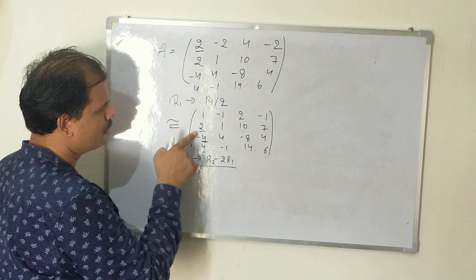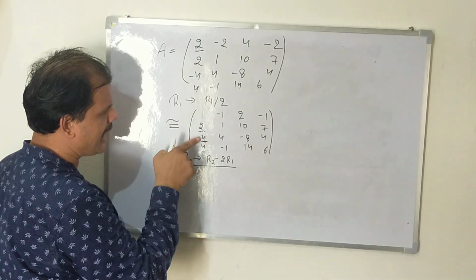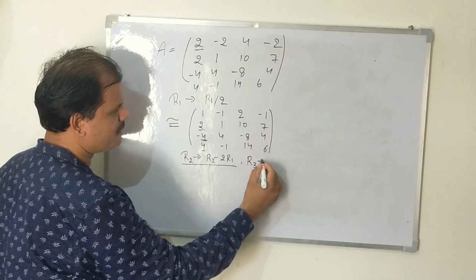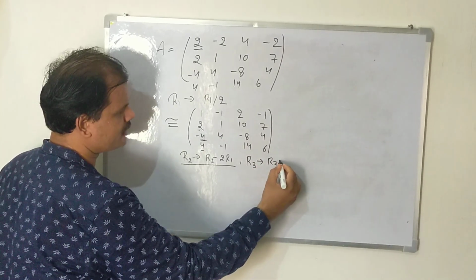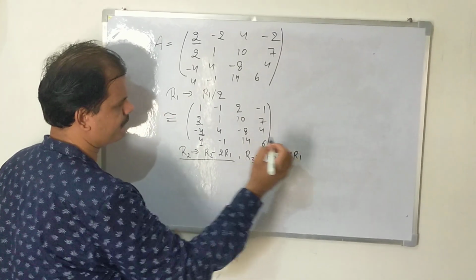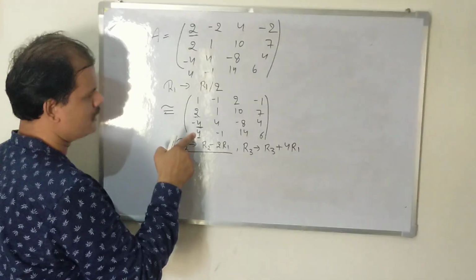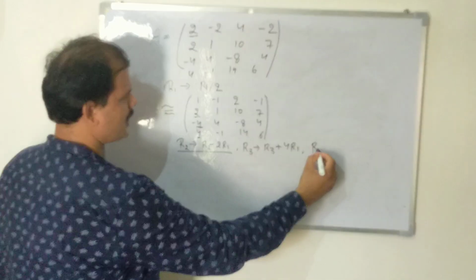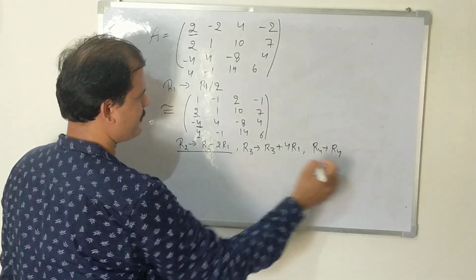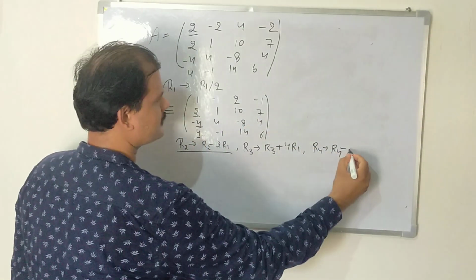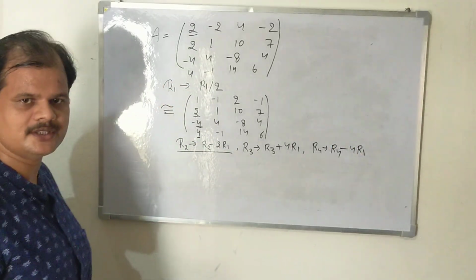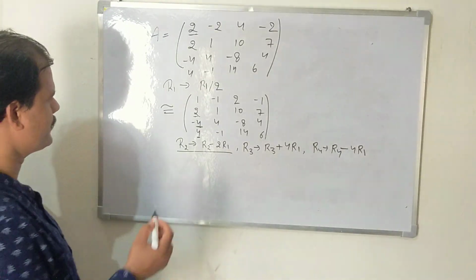So what we do, we multiply by 4 here and add. So your second row operation is R3 replaced by R3 plus 4R1. So this will be 0. Now this you have to make 0. So for that R4 is replaced by R4 minus 4R1. So these are the 3 row operations we have here.